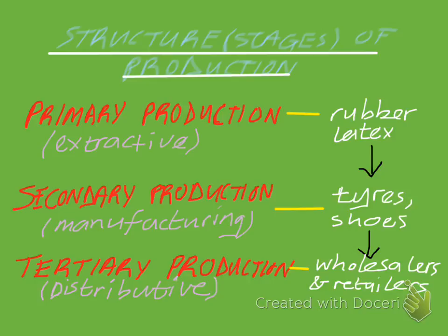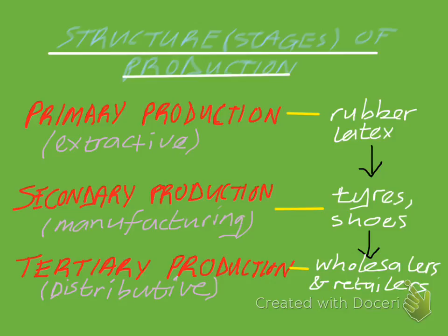Using these tires and shoes now, wholesalers and retailers, people who buy and sell these shoes in wholesale or retail units, are the tertiary part. So you see the process of shoe making and selling, that's the production process, and it goes through primary, secondary and tertiary production.